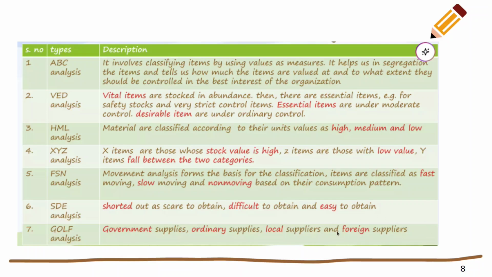So that kind of foreign formula supplies are also there. Like that, some drugs also you get from abroad. This is the GOLF analysis. These are the various techniques to store or keep stock in the stock room.